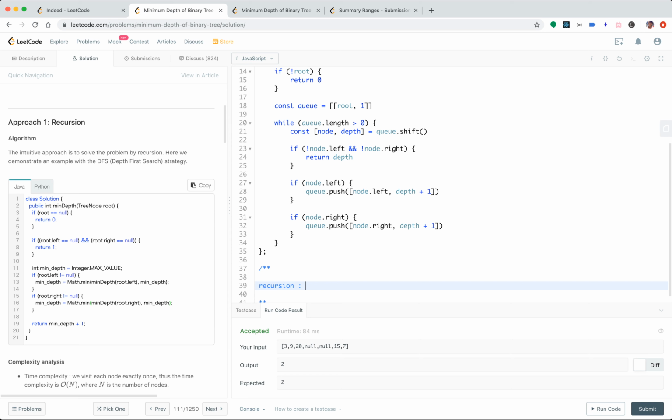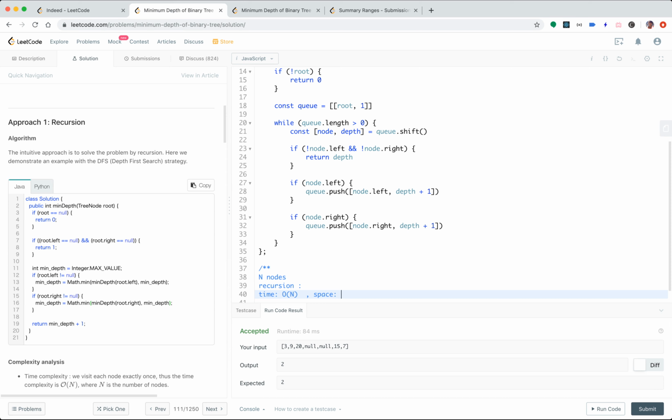For time complexity, in the case where there are n nodes, we traverse each node only one time, so time should be O(n).